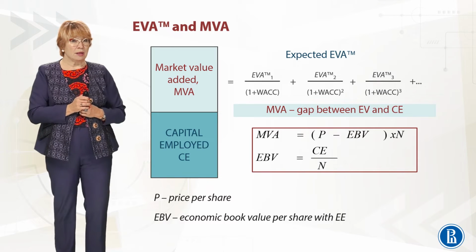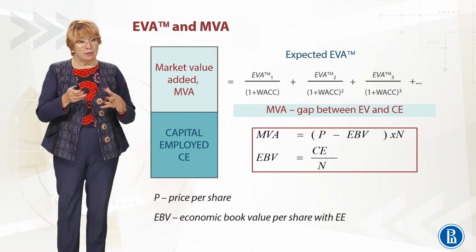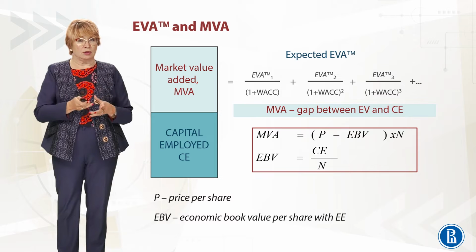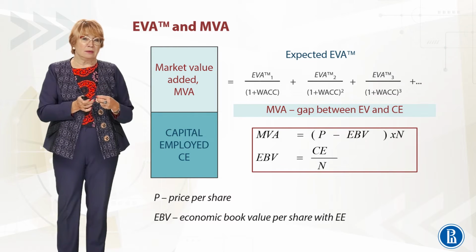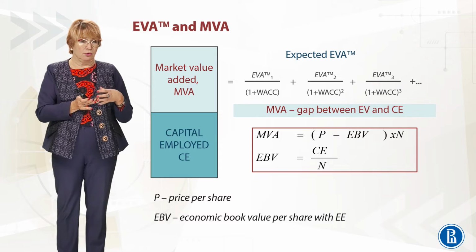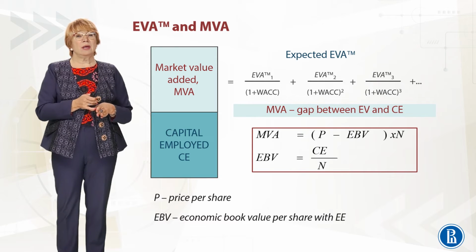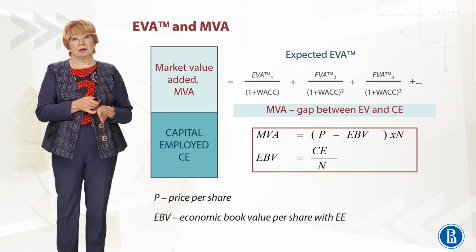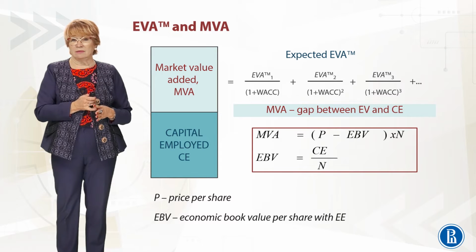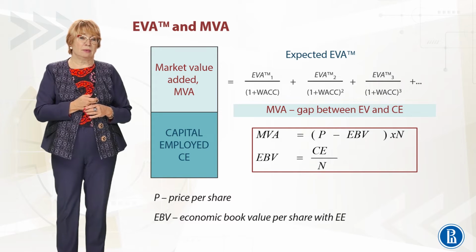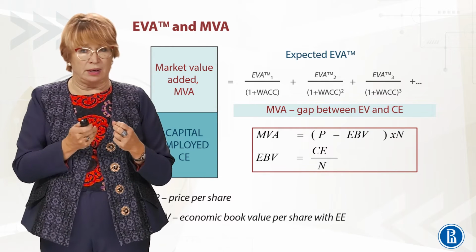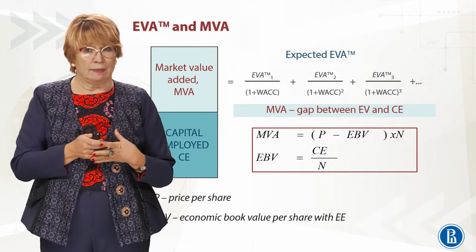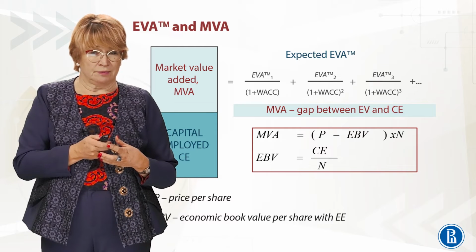So on that slide, we still use the same picture, but now we need to get into some details of how we can compute MVA in another way. We can understand MVA as a computation based on a very interesting interpretation of the spread per each common voting share.